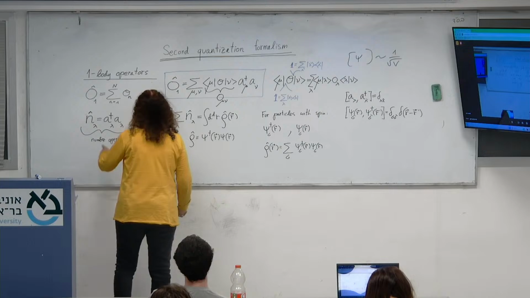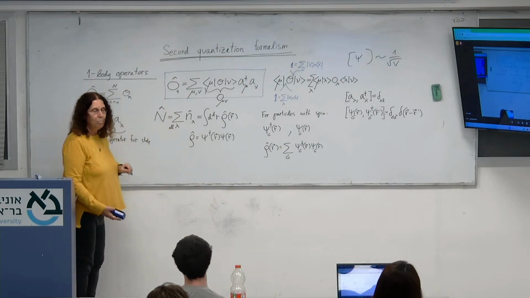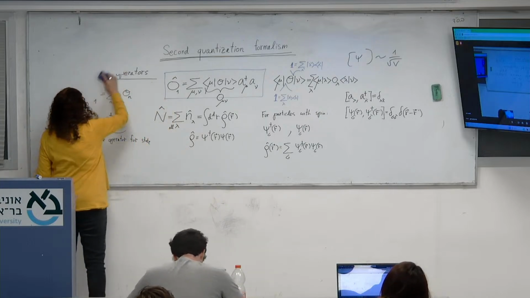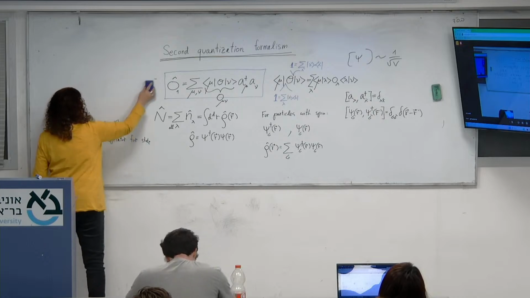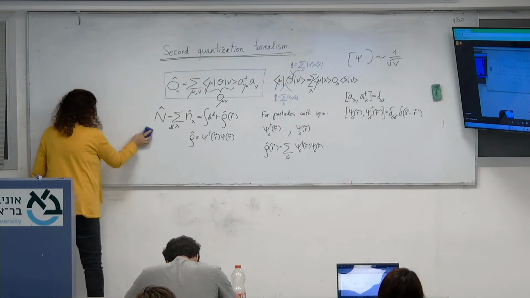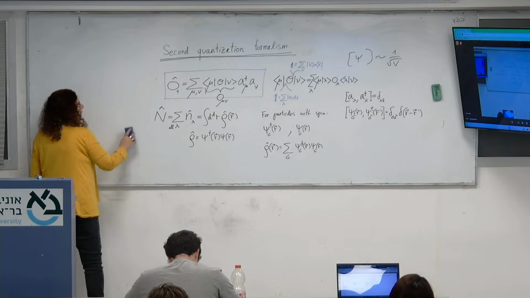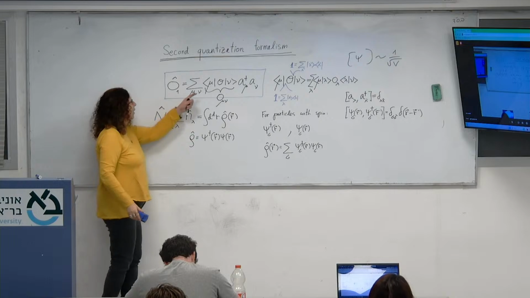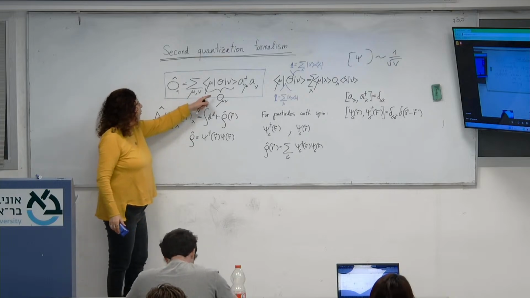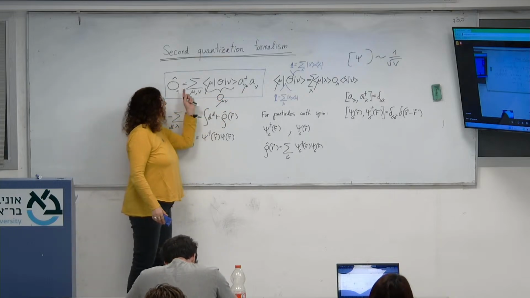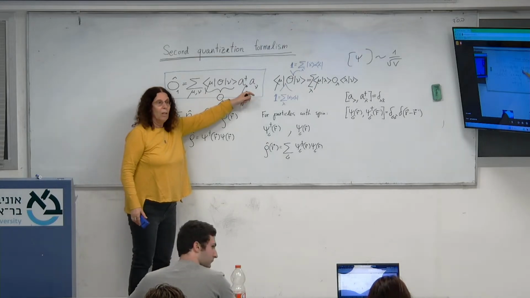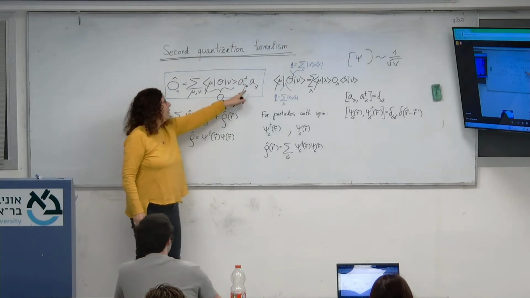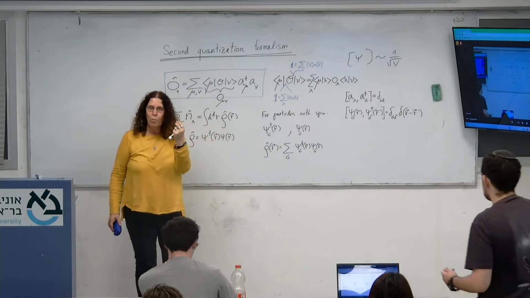So the next thing we'll introduce is a two-body operator, and let me say one last thing about the one-body operator before we switch. In a one-body operator, you acted each time on just one particle.